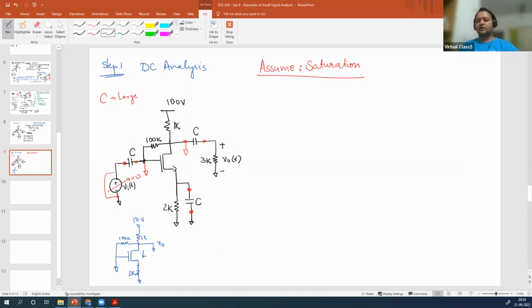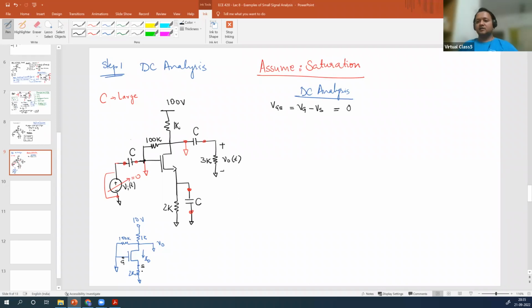There is a current flowing here, ID. What is the DC analysis to be done? Simple. Start with what is known. What is VGS? This is S, this is G. VG minus VS. How much is VG? VG is 0, grounded.